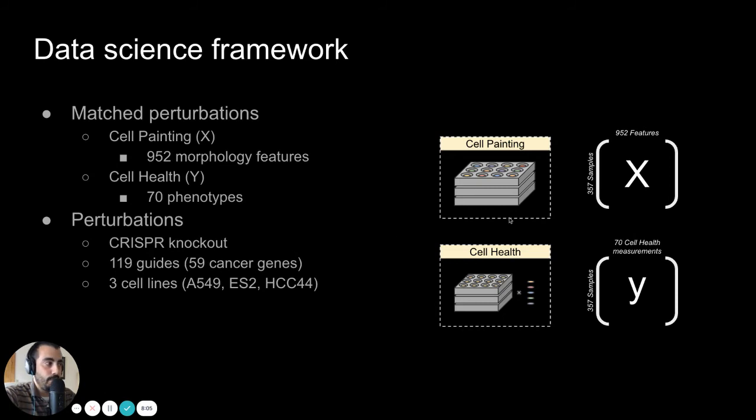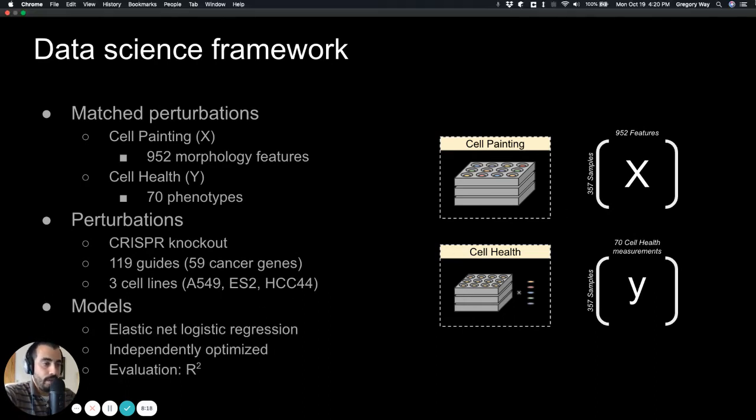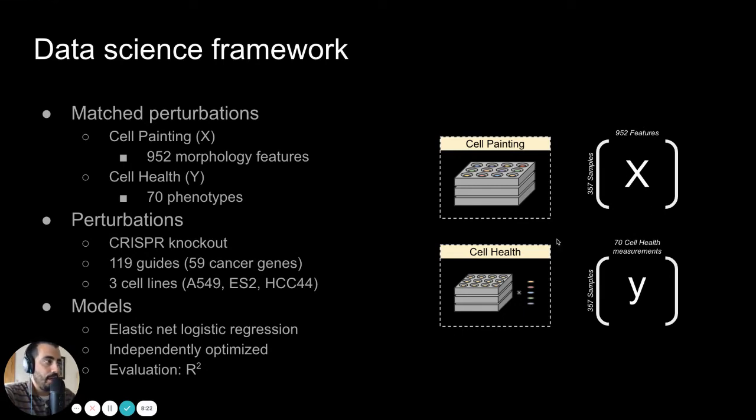Through this approach, we actually only end up having 357 different samples. So that's a really small data set. The purpose was a pilot study to see if we can extract signal at all from this approach. And so that didn't warrant applying any really heavy duty approaches like deep learning just yet. We just wanted to see if a signal existed. So we used the most simple models that you can think of, and that's an ElasticNet logistic regression model that, like I mentioned, are independently optimized and evaluated with R squared.